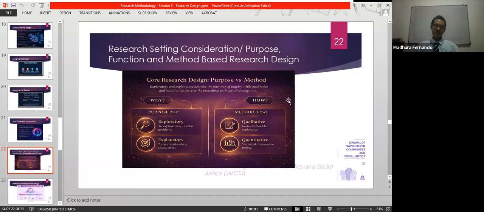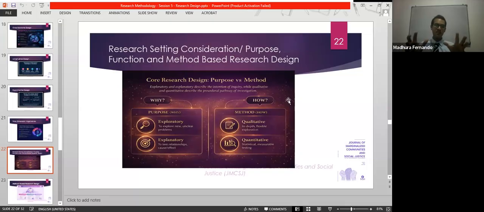The method, the qualitative method. Now the elements of the qualitative research design are in-depth interviews, flexible exploration, focus group discussions, lived experience. So that is the qualitative method.